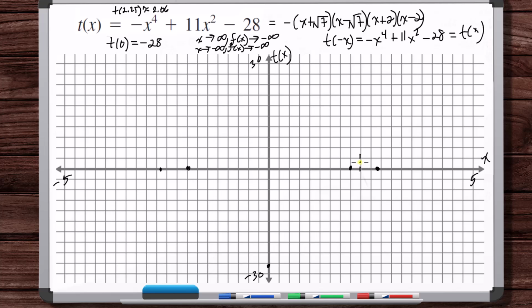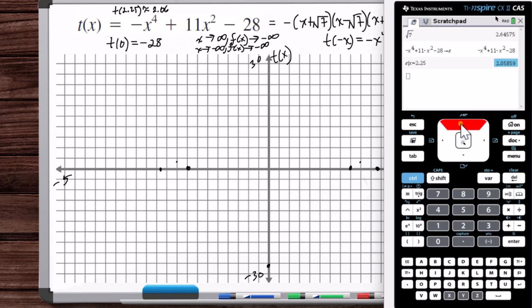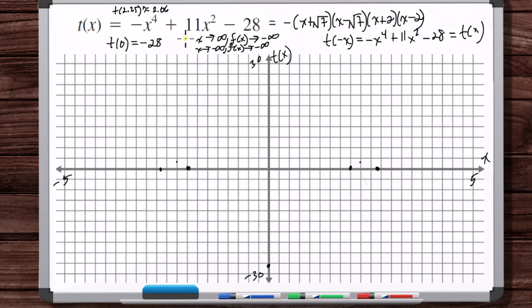That's 2. Okay. Now, to get a sense for how steep, we can do just x is equal to 3, minus 10. So t of 3 is minus 10, and we can actually plot these.